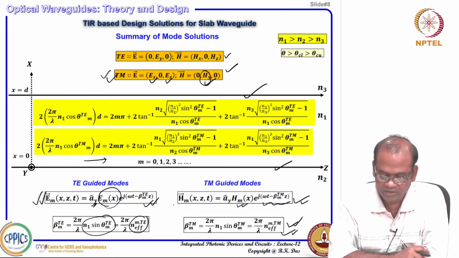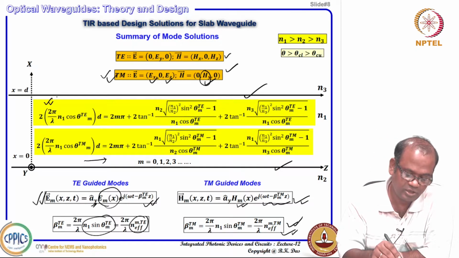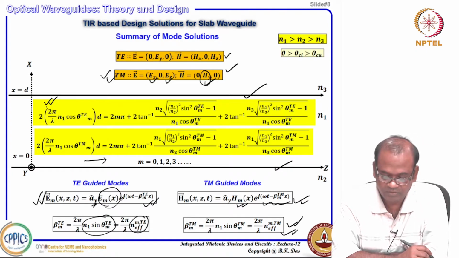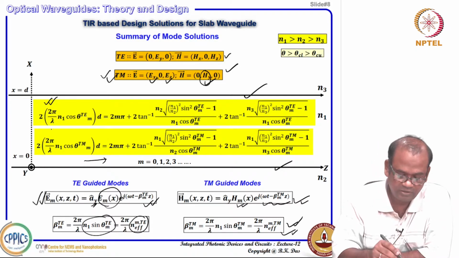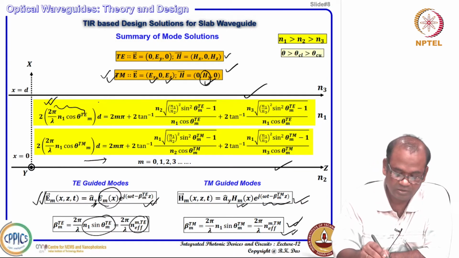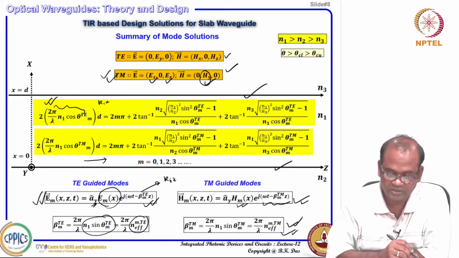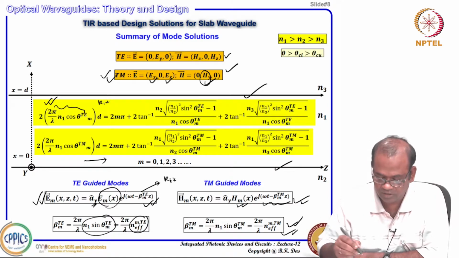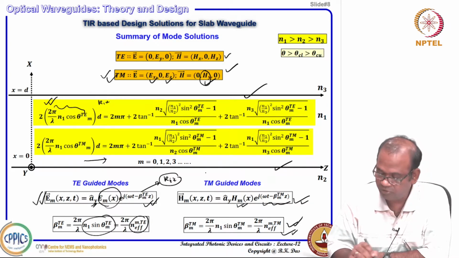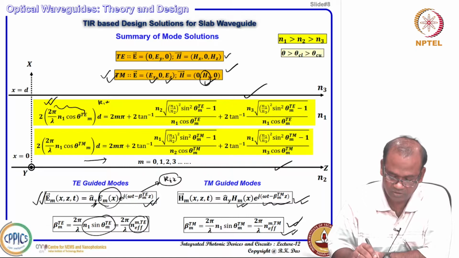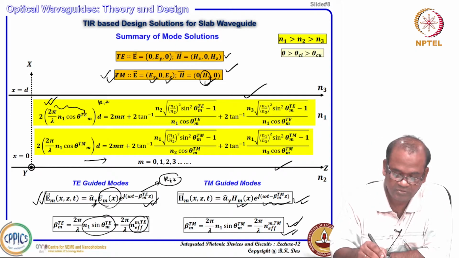How is that decided? That is decided by the eigen equation. The top one is for TE polarization. This is basically your transverse component, k1 x, and beta z is defined by k1 z. If the wave vector is going back and forth with total internal reflection, the longitudinal component along that direction is known as beta, and the transverse component you will have plus and minus, that is why a standing wave will be there.